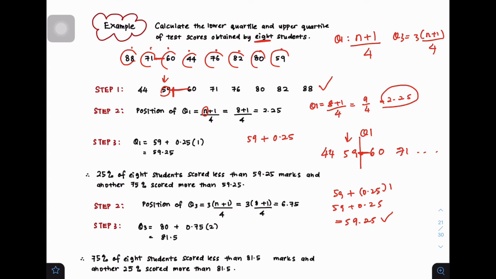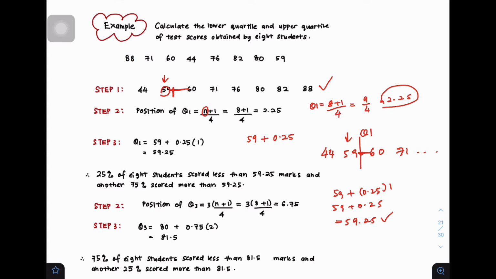Okay, macam mana pula kalau kita nak cari upper quartile Q3? Okay, so formula yang awak guna tu n plus 1 divide by 4 times with 3, itu bukan value of quartile. You need to be careful. That one is not a value of a quartile. That one is the position, dekat mana terletaknya quartile kita.